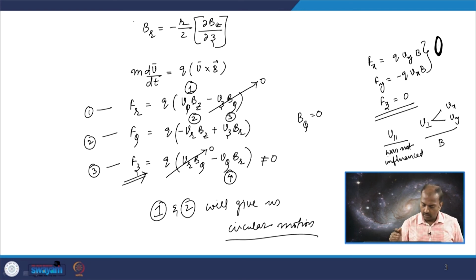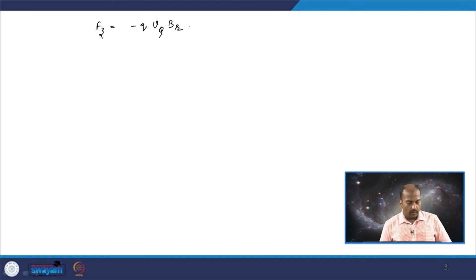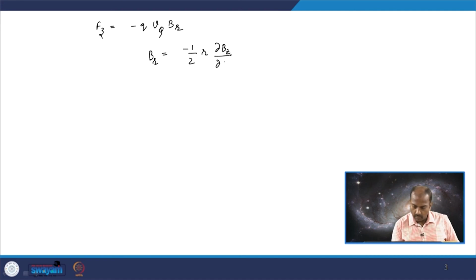Let us say Fz, like we have calculated, Fz is minus q times V phi Br. We know that Br was calculated to be minus 1 by 2 R dou Bz by dou z.